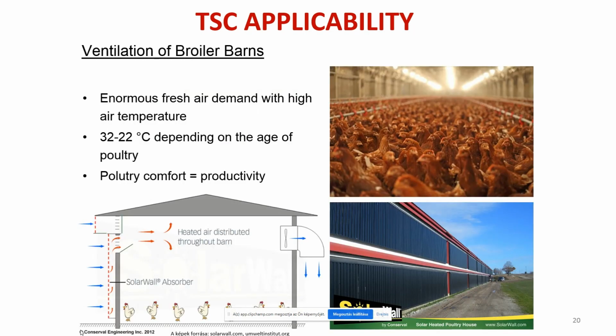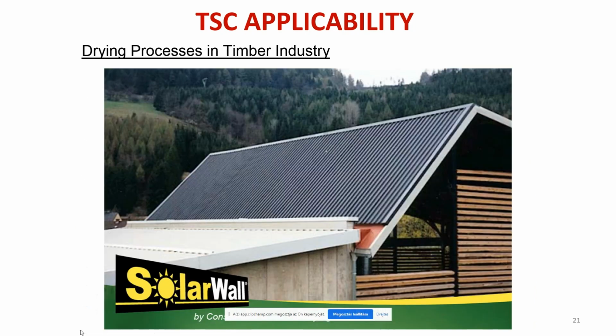Then in agriculture and animal breeders, you can use the transpired solar collector for the ventilation of the houses where you are breeding the animals, and reduce the energy consumption with it.